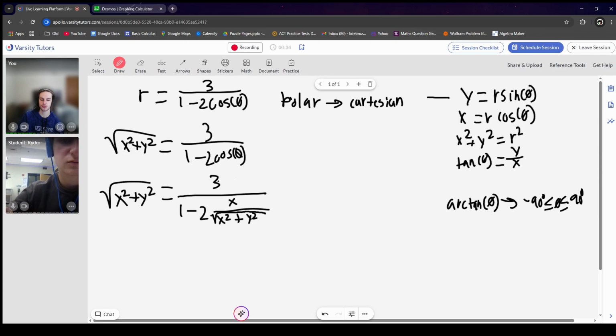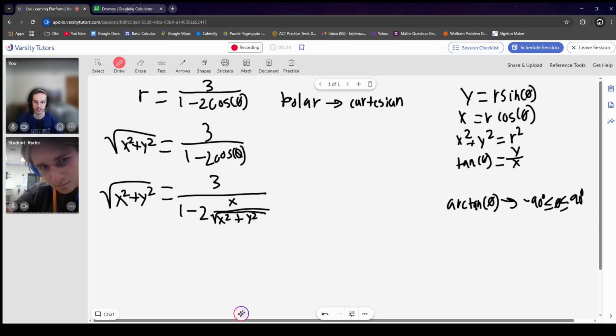Yeah, we don't want our theta. We have x and y's now, so we don't want to do any more converting. Now we're just doing algebra because we're trying to solve for y. We're trying to see if that's possible.